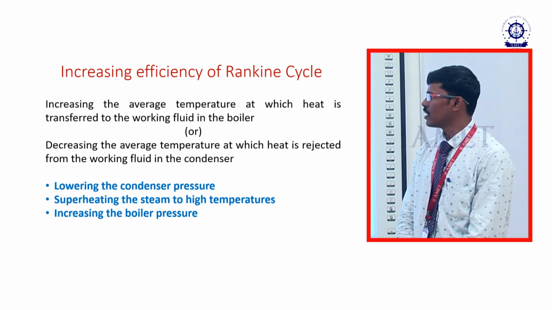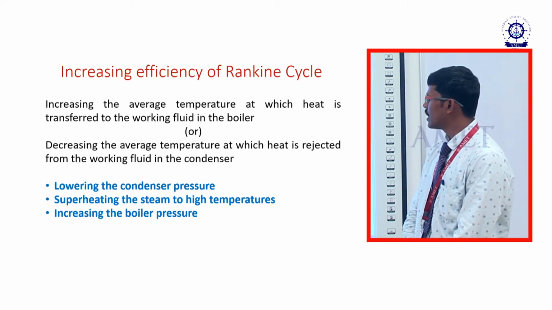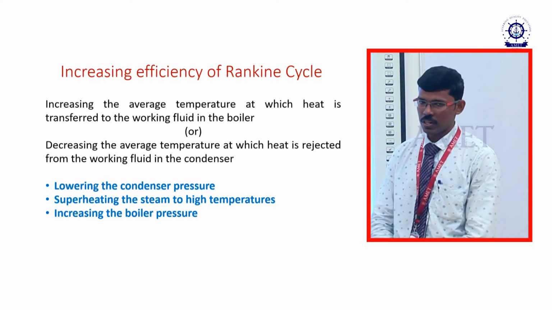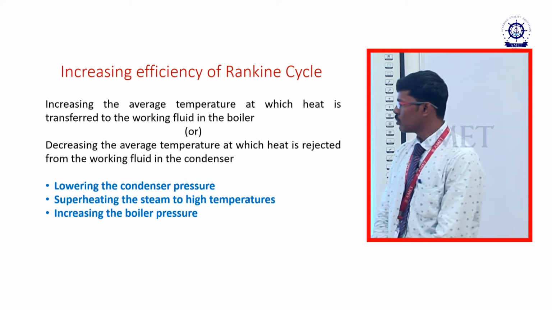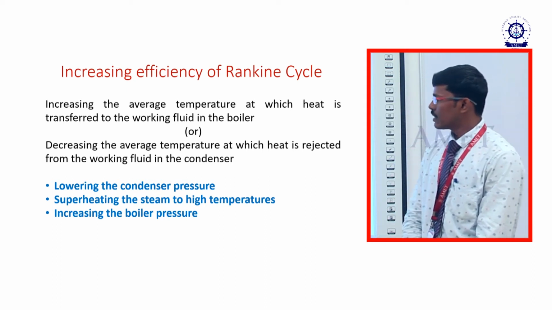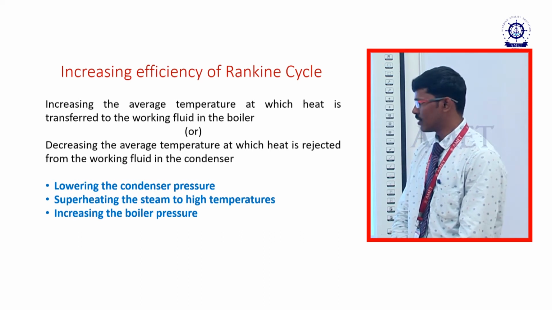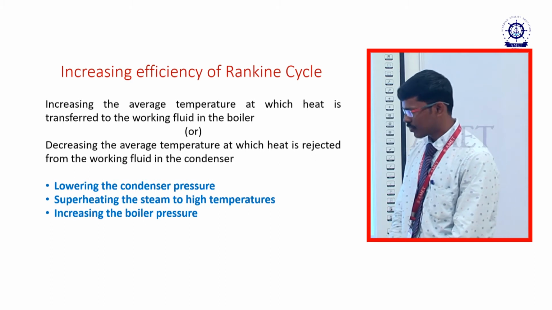We can achieve an increase in the Rankine cycle efficiency by increasing the average temperature at which heat is transferred to the working fluid in the boiler, that means increasing the temperature of the working fluid, or else by decreasing the temperature at the heat rejection. These are the ways that we can increase the efficiency of the Rankine cycle.